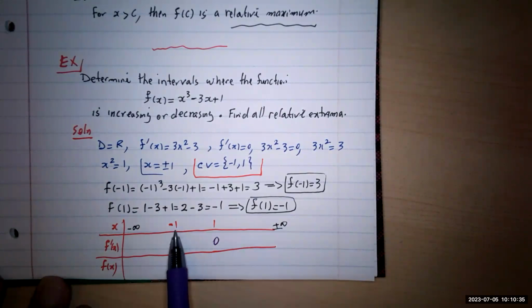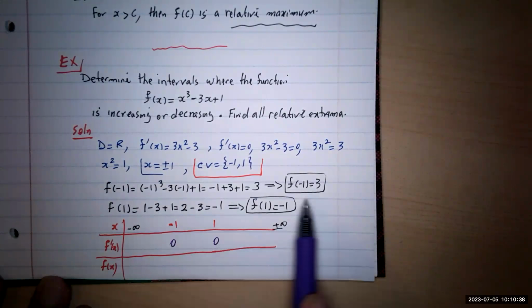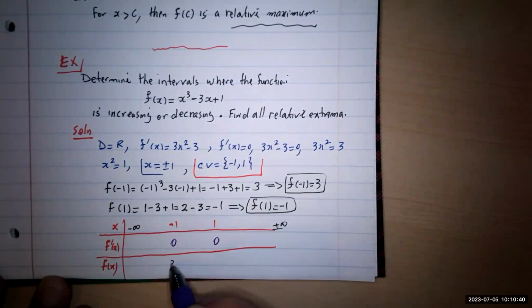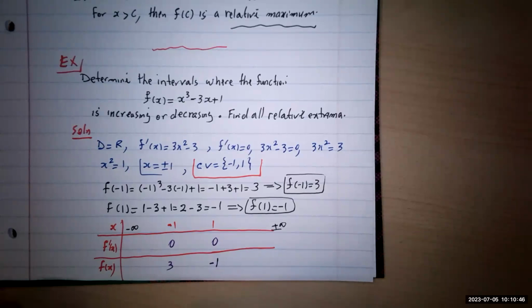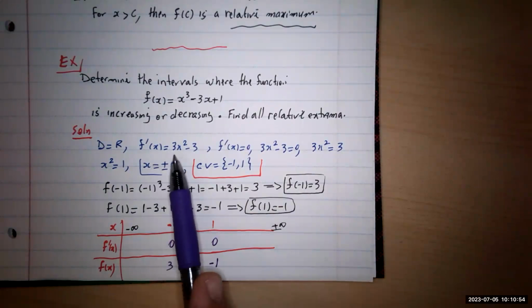f of -1, of course, is equal to 3, and f of +1 is equal to -1. Now, there are different ways to describe the sign of the f prime. If it's a quadratic expression, it's easy.